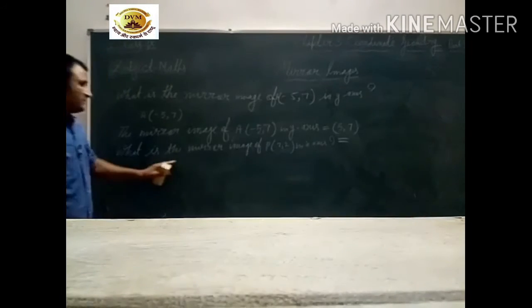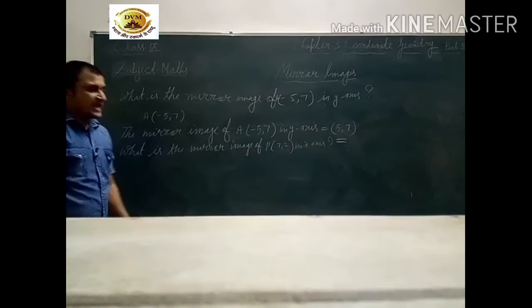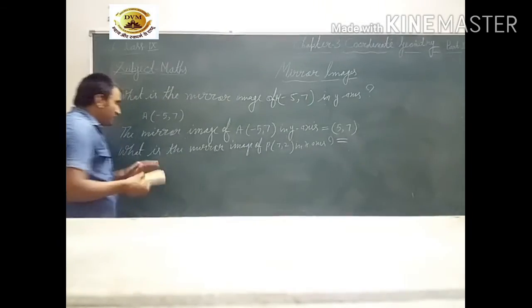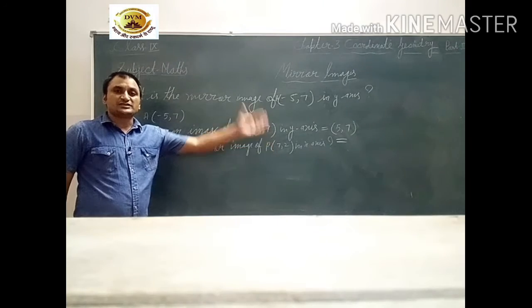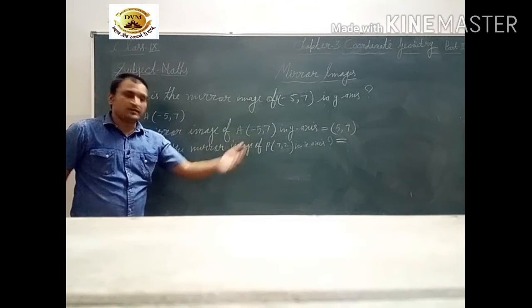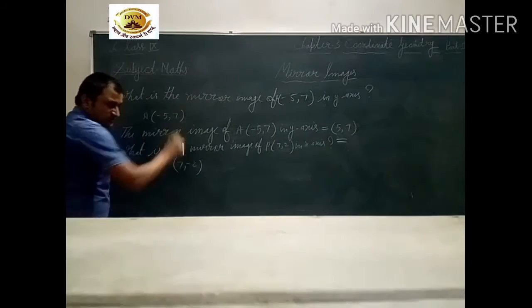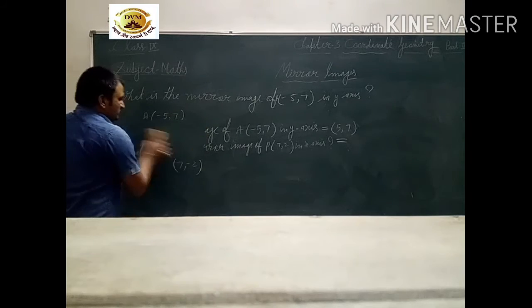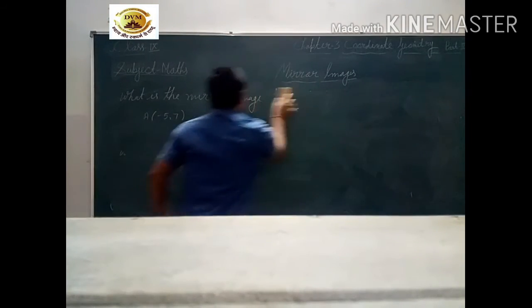I have told you, when we see the mirror image of any point in x axis, we have to change the sign of the y coordinate. So its mirror image is 7 comma minus 2. Clear? It is simple to find the mirror image of any point.